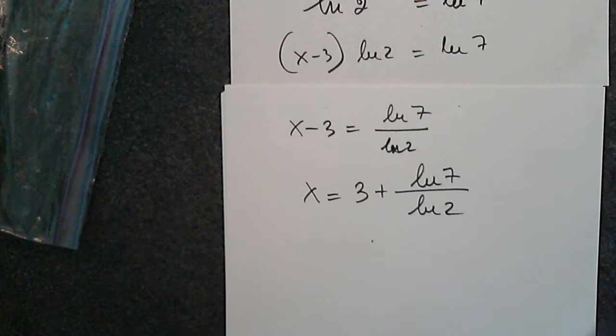And this is it. And you can say, show me that this is true. Okay, if you want me to show you that this is true, I have to calculate that, approximate it, as 3 plus natural log 7 divided by natural log 2, close the parenthesis, enter, and now raise 2 to the power, in parentheses, the previous answer, and minus 3.